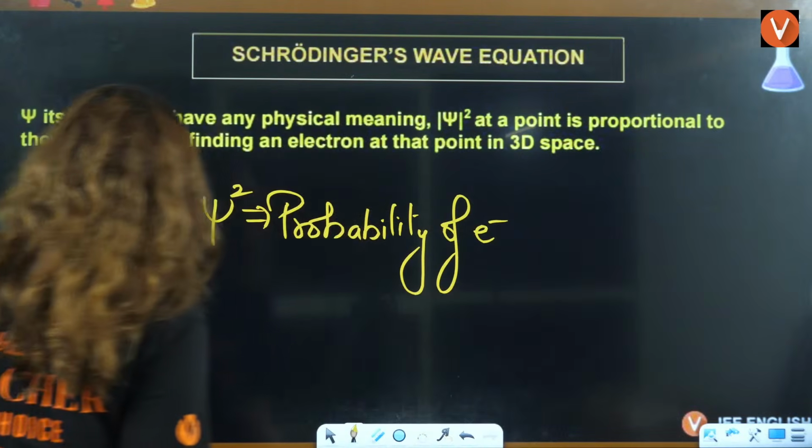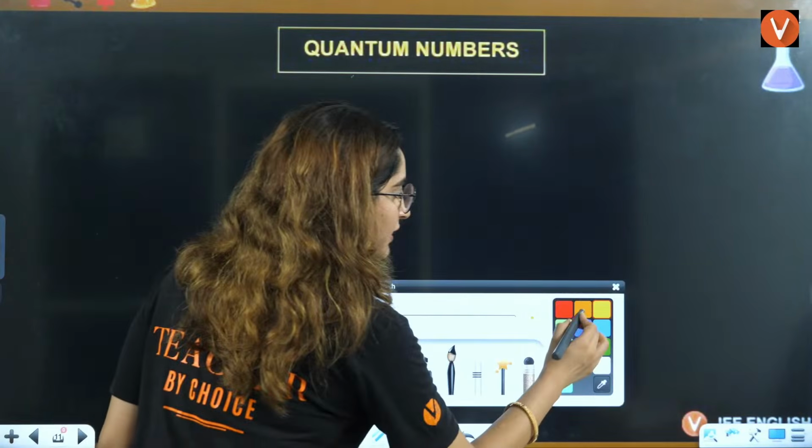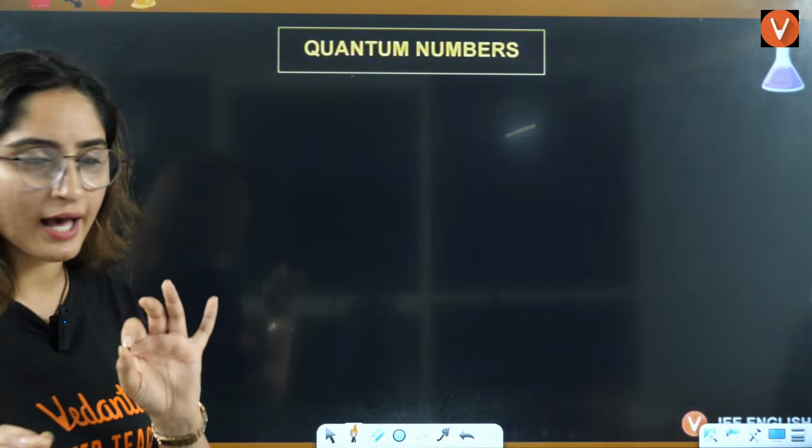Now, let's find out the quantum numbers. There are 4 quantum numbers that we have.